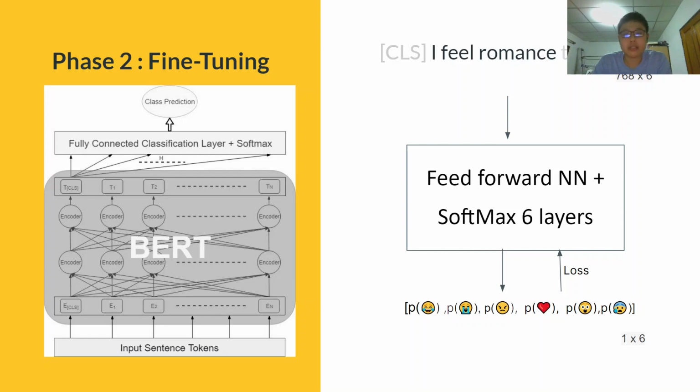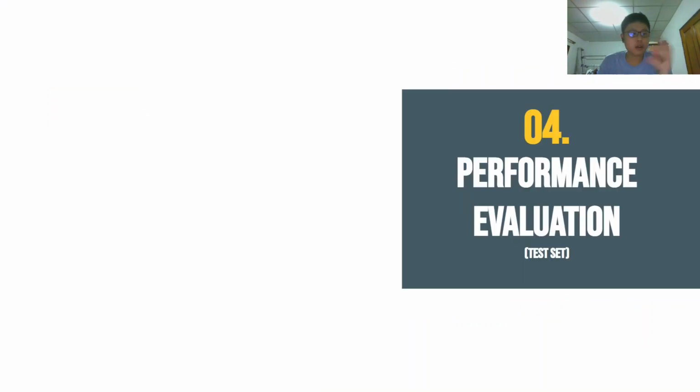We expect the softmax to return the probability of each emoji, and the emoji that will be picked must have the highest probability. Suppose the probability of laughing is 0.8, then it will select the laughing emoji, because the rest will be something like 0.03. If it predicts wrong, it will send back the loss function and do backpropagation to update the parameters in the feed-forward neural network. We have to train over and over again, and that's it for how we train the model.